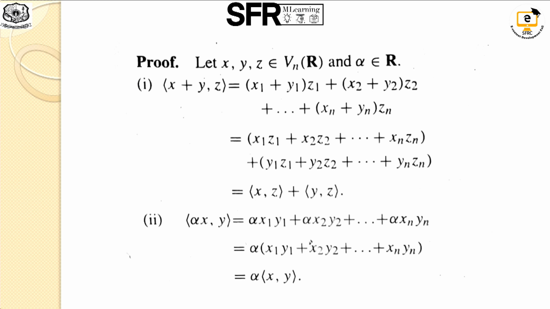To show the first axiom, we take three elements x, y, z from Vn of R and a scalar alpha. The first axiom is inner product of x plus y comma z equal to inner product of x comma z plus inner product of y comma z.